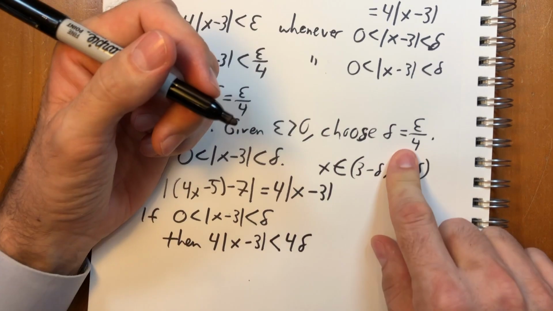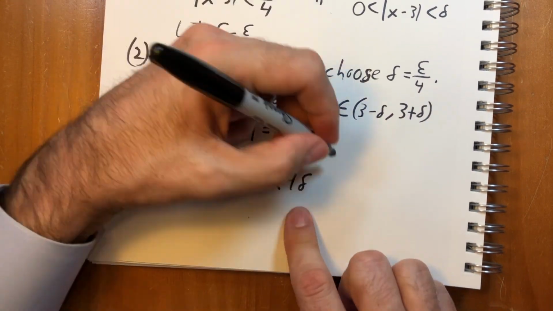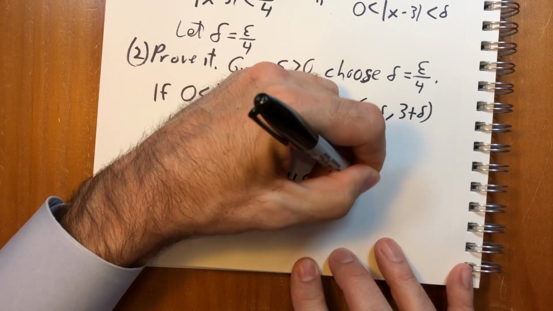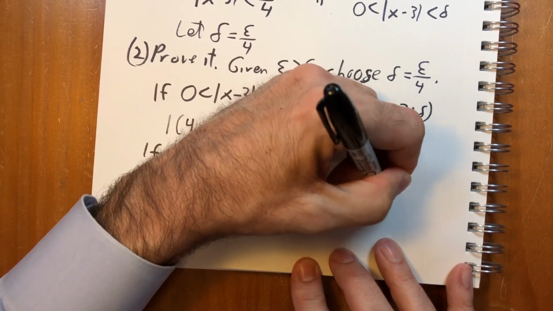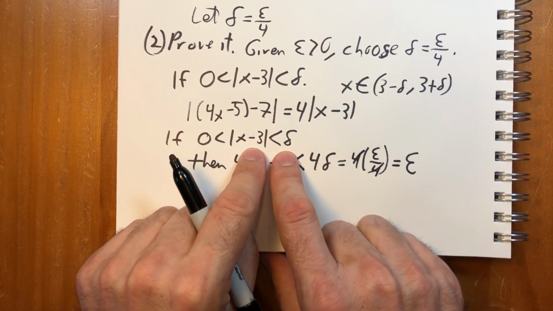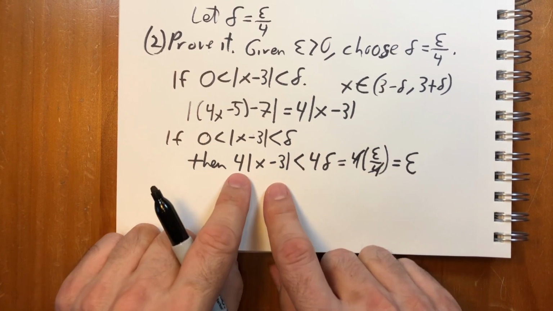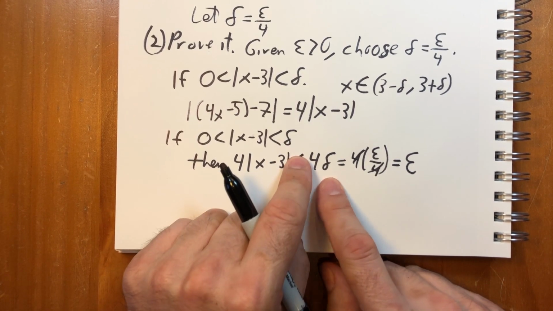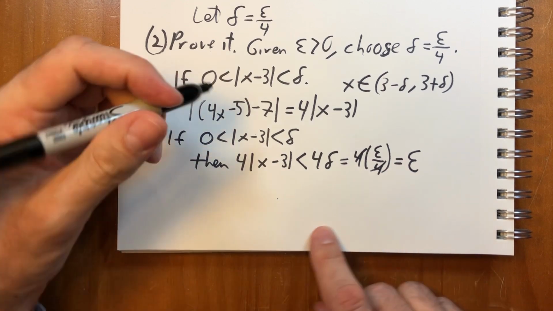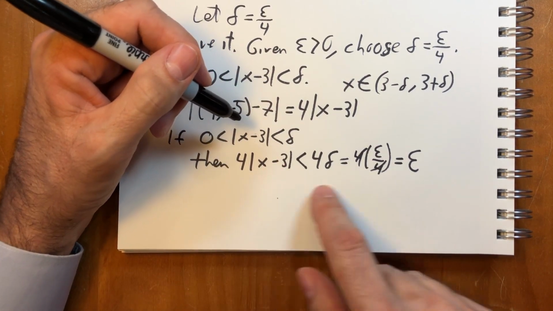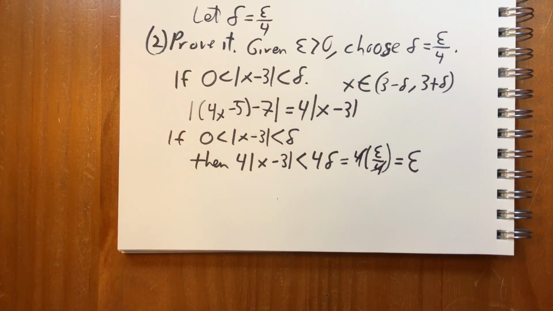And delta, we chose to be epsilon over 4, so this equals 4 times epsilon over 4. We cancel the 4's, equals epsilon. So that's it. If x is inside this interval, then 4 times |x − 3| is less than 4 times delta, which equals epsilon. So if x is inside this interval, then we show that f of x is inside this interval. That's what we needed to show.